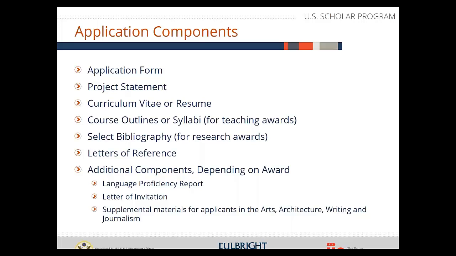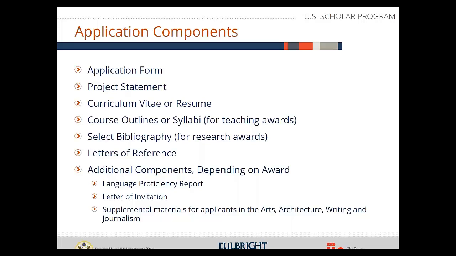And then the letter of invitation. We have a lot of questions related to that, so I will be going into a little more detail on that. Depending on the requirement of the award, if it is strongly preferred or required, or even if it's optional, you're submitting that directly into the application. The letter should be addressed to you on the institutional letterhead, probably as a scanned copy or a PDF.